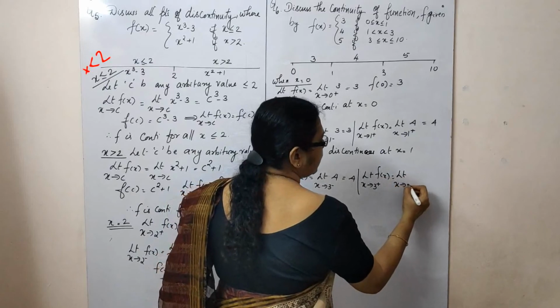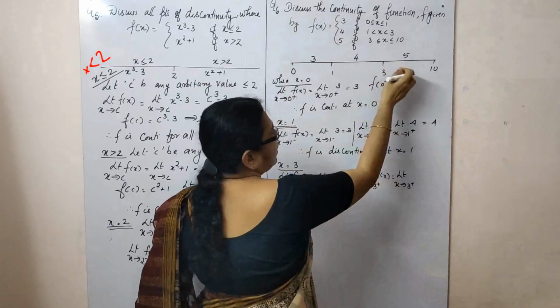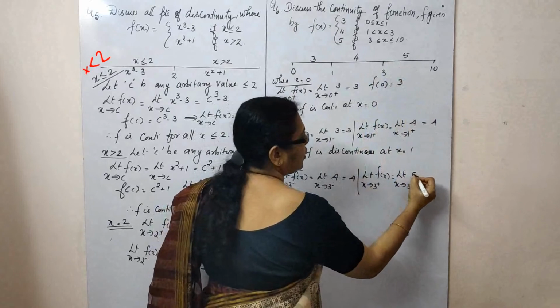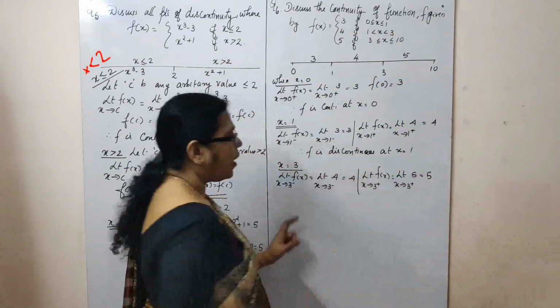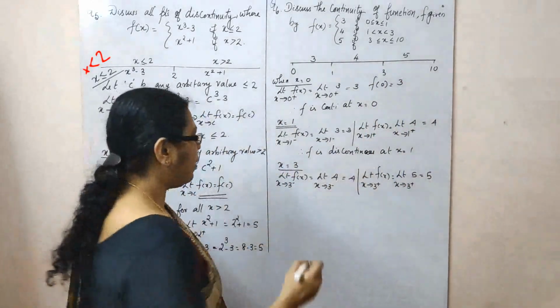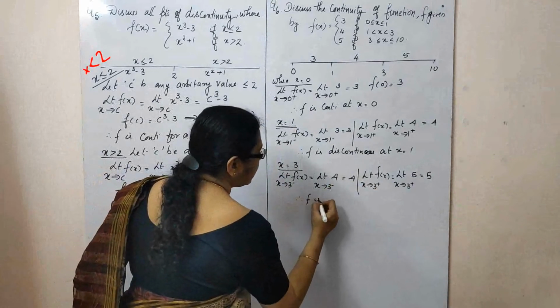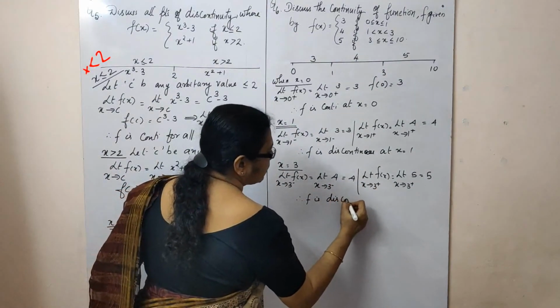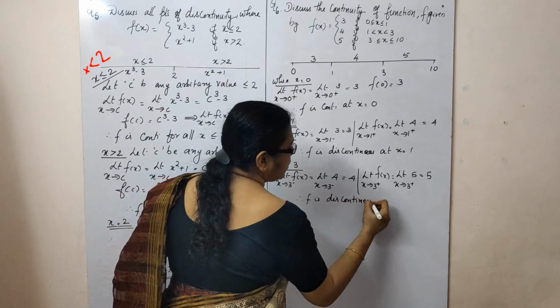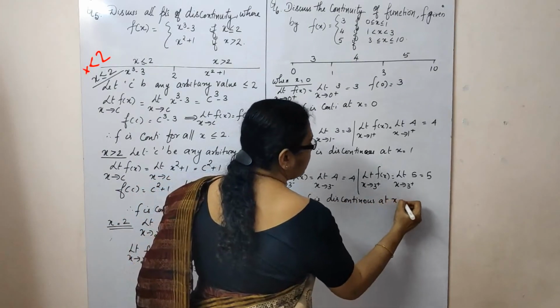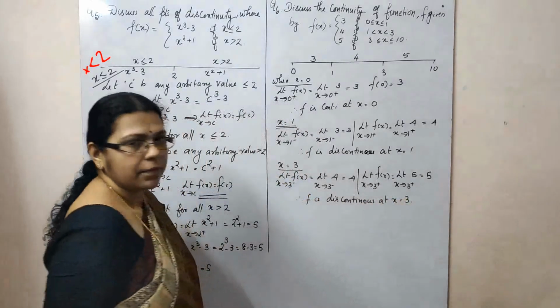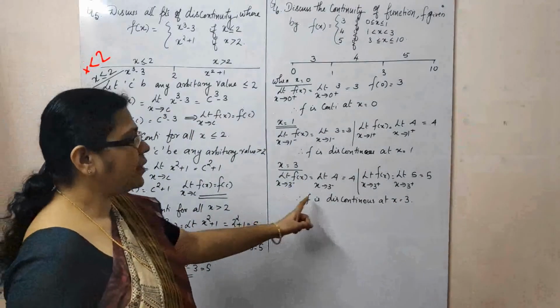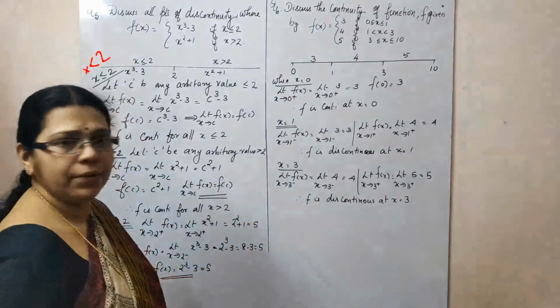Limit x tends to 3 plus, this side, the value of the function is 5 here. Are they the same? No. Therefore, f is discontinuous at x is equal to 3.